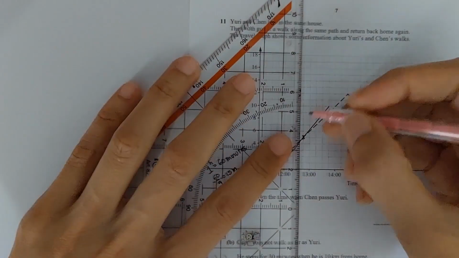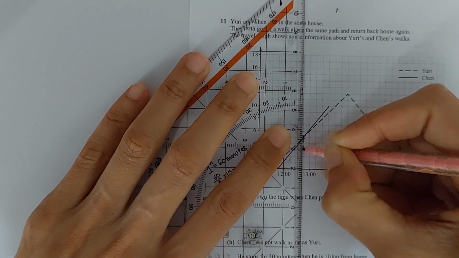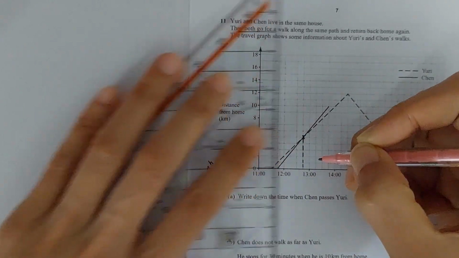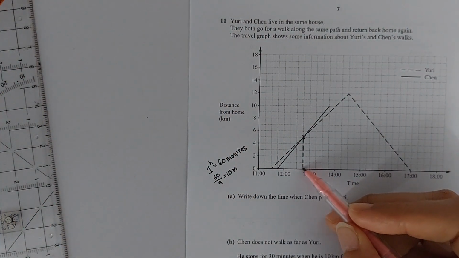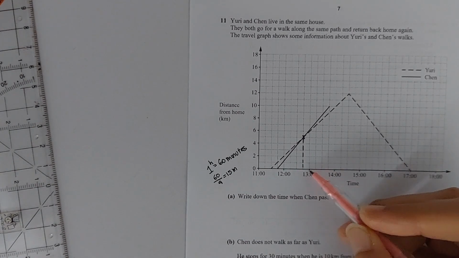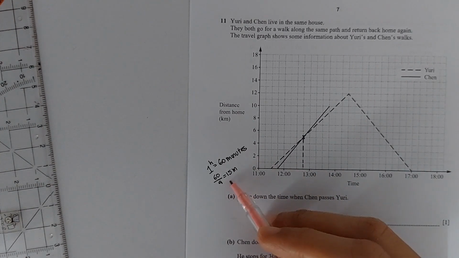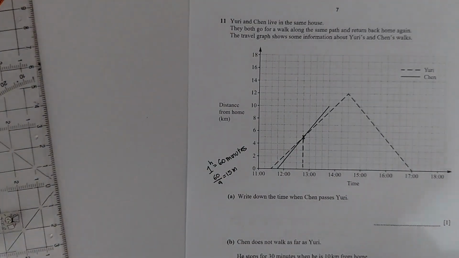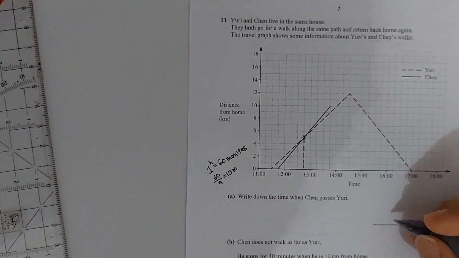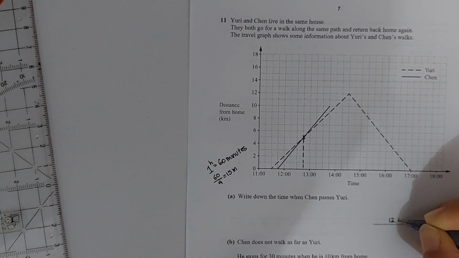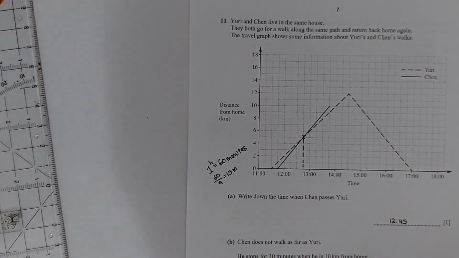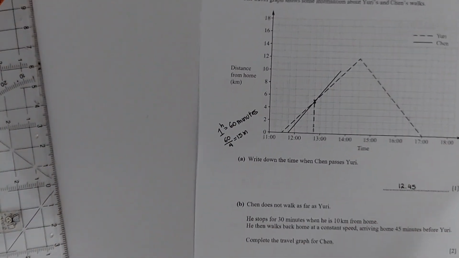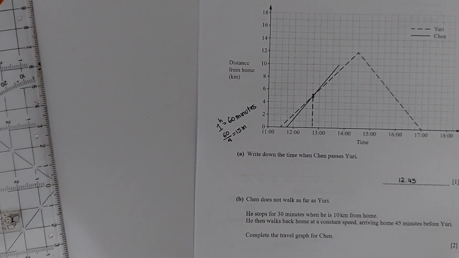Well, you can draw a straight line using a ruler, so it will point to this one. 1 o'clock minus one box, 15 minutes, so it will be 13:00 minus 15 minutes, because one box, right? So it will be 12:45.